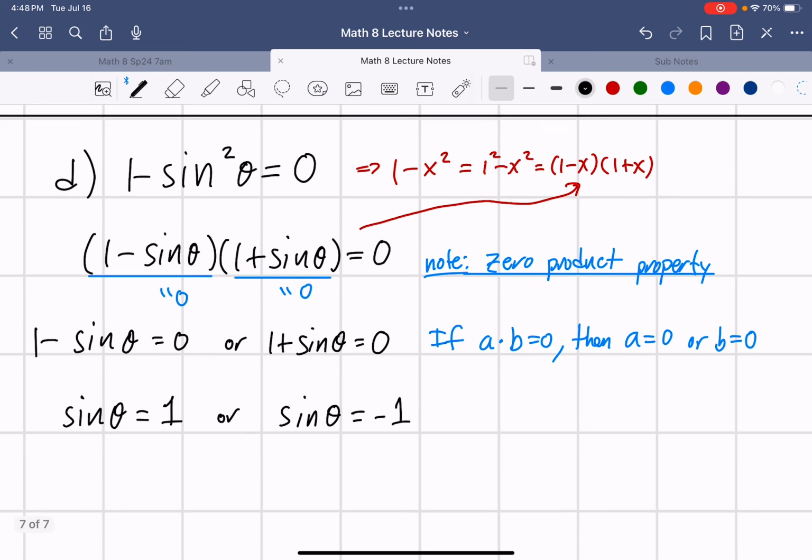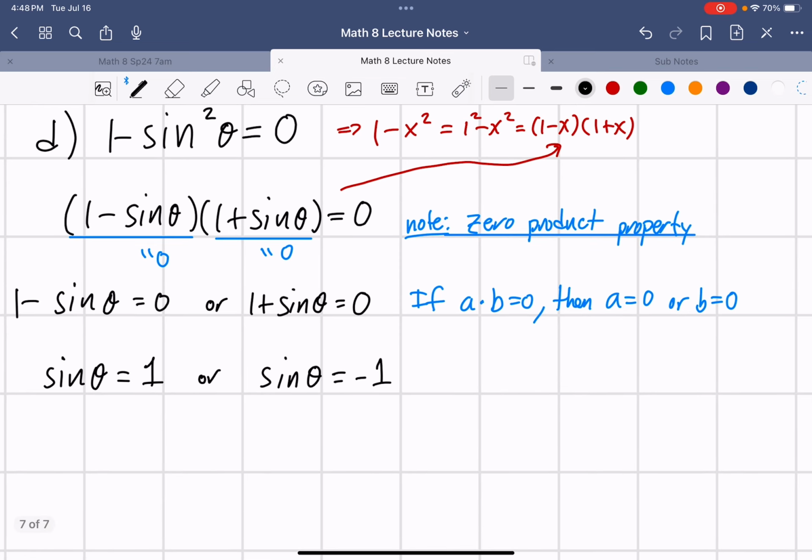And where does this happen? Well, if we make our little circle to help us reference, you have to remember this point up here, this terminal point, is 0 for the x, but 1 for the y. This point down here was 0 for the x, but negative 1 for the y.